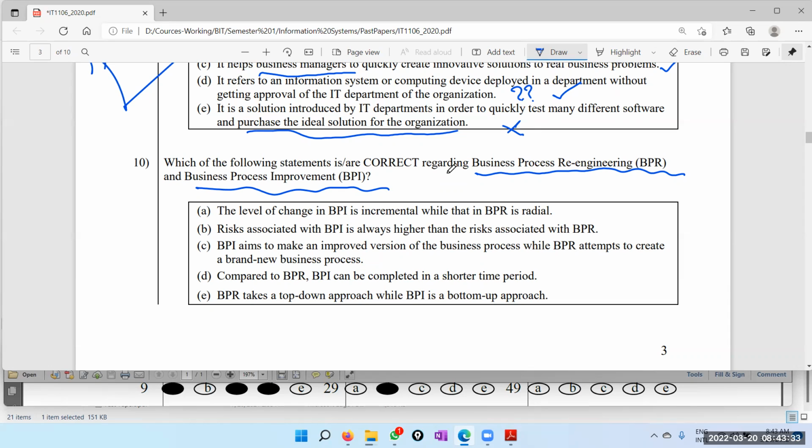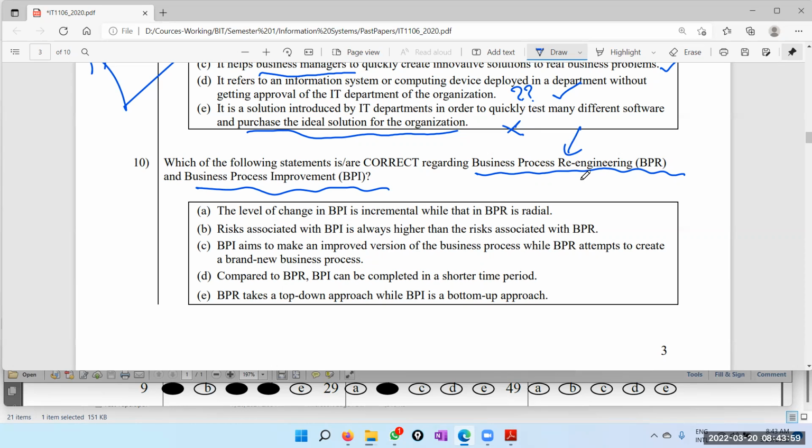So that is a business process improvement. That is something ongoing, right? Then what is business process re-engineering? That is a radical change we are going to do. Radical change, big change. So we don't do business process re-engineering day to day. Maybe once in a while, maybe once in 5 years.